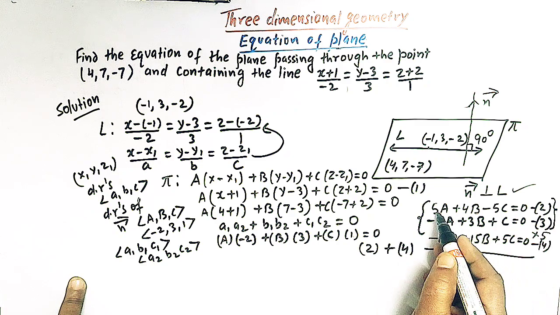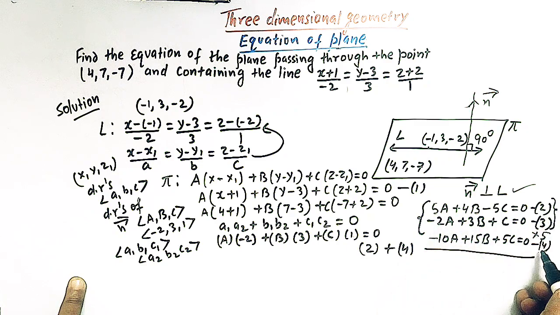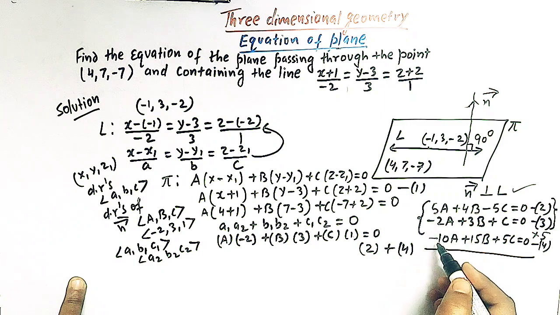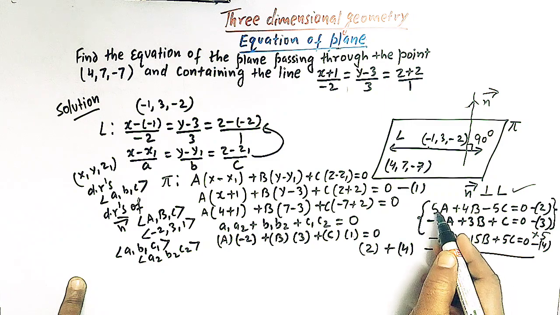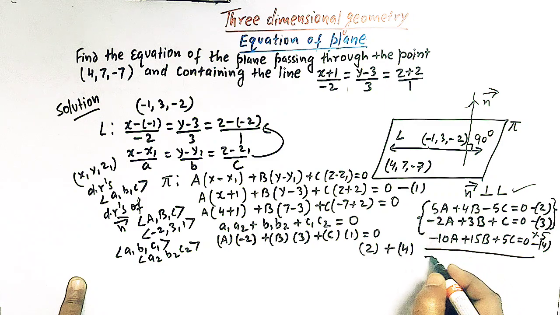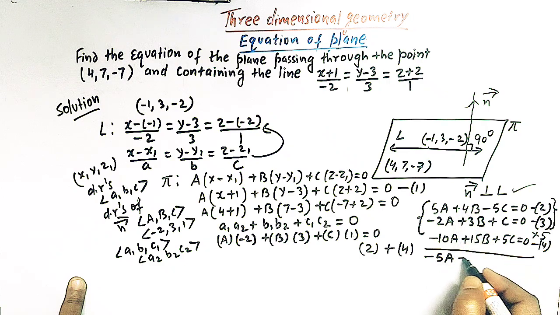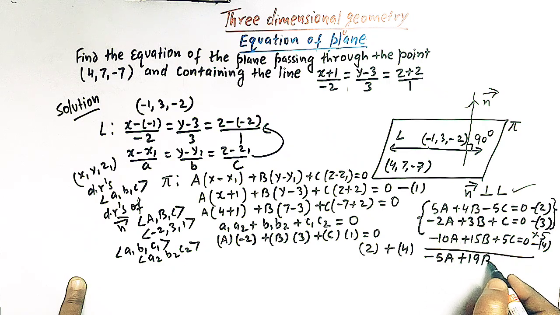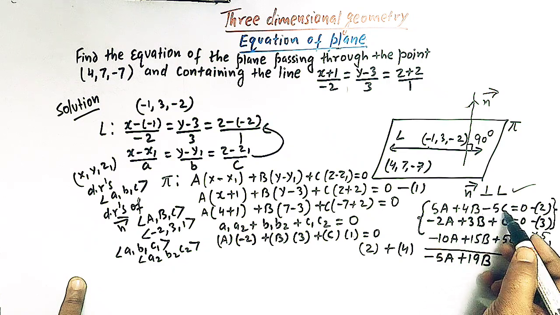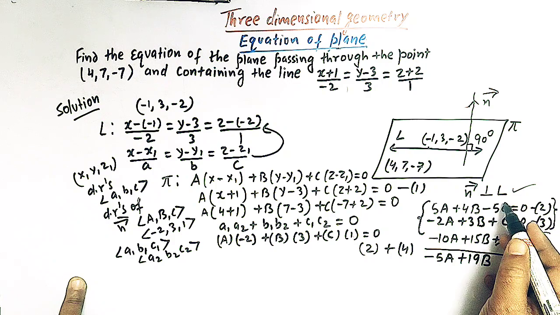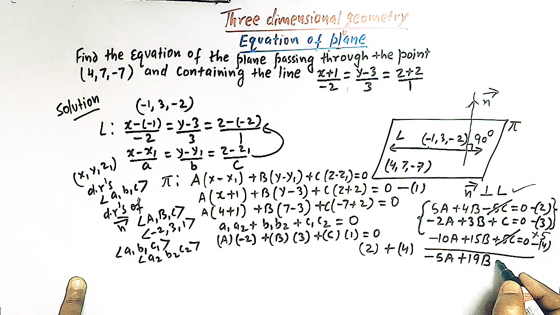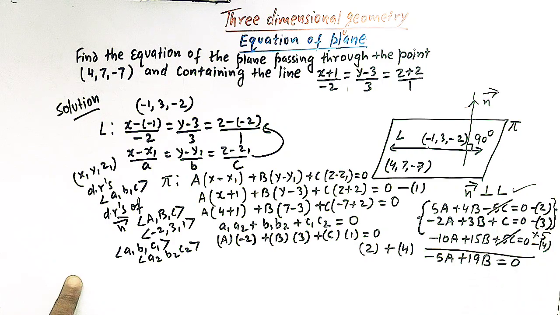So now we'll eliminate the variable c from equation 2 and equation 4 by adding them, right? So when we add equation 2 and 4, here we have 5a and here we have minus 10a. So 5 minus 10 is minus 5a, and here we have 4b and here we have 15b. So 4 plus 15 is 19b, and minus 5c and plus 5c get cancelled, and this is equal to 0.